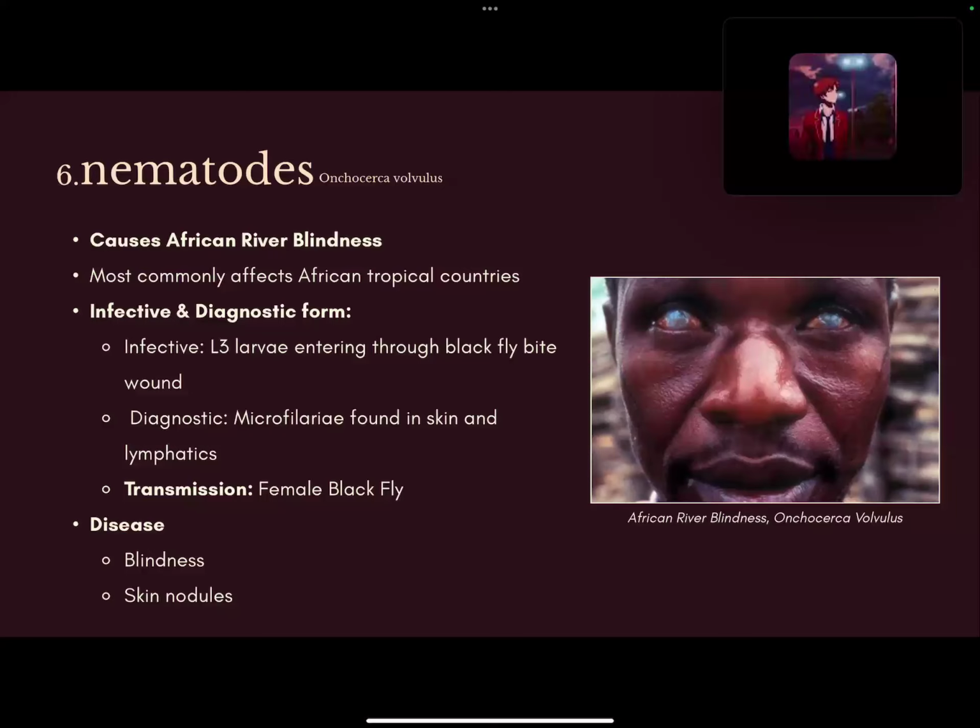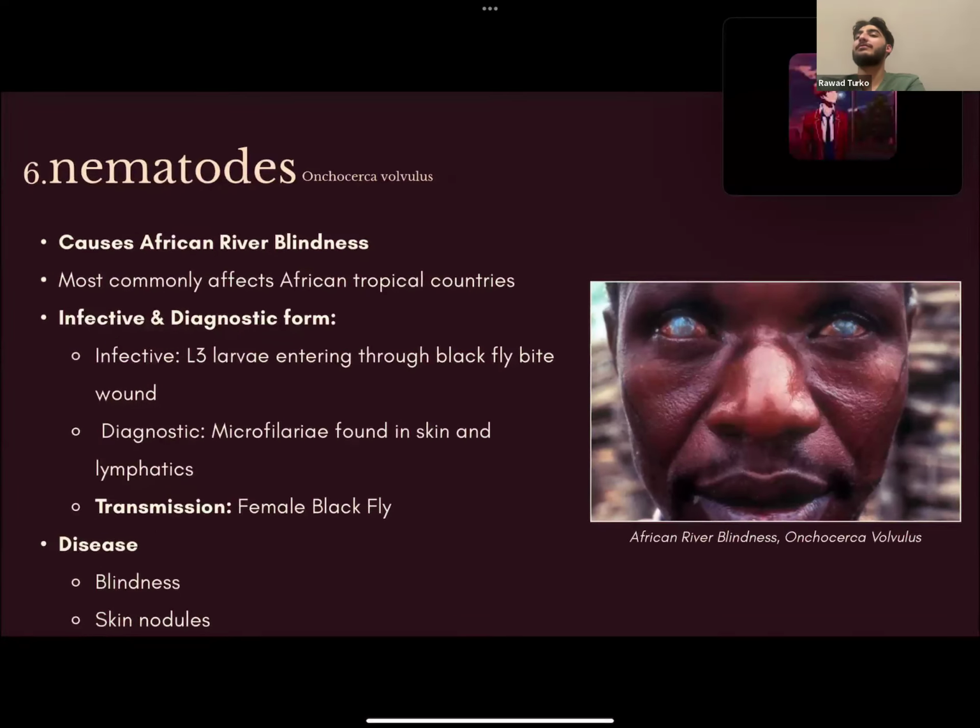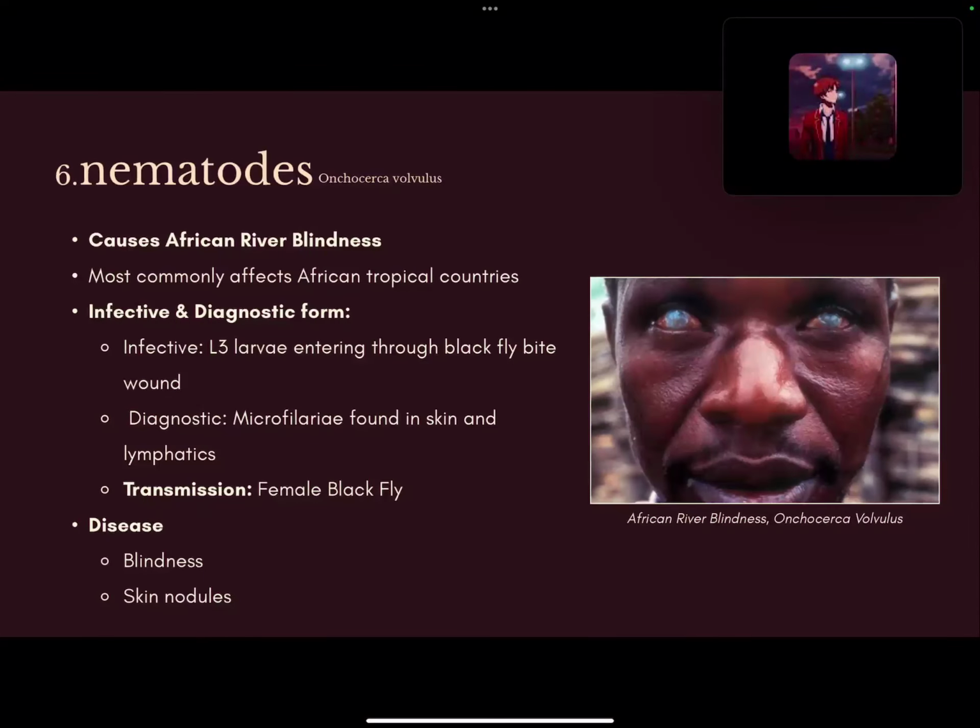Basically, the mode of transmission is by the black fly, the female black fly. It's also known as African river blindness because it can cause blindness. Its infective form is the L3 larvae.